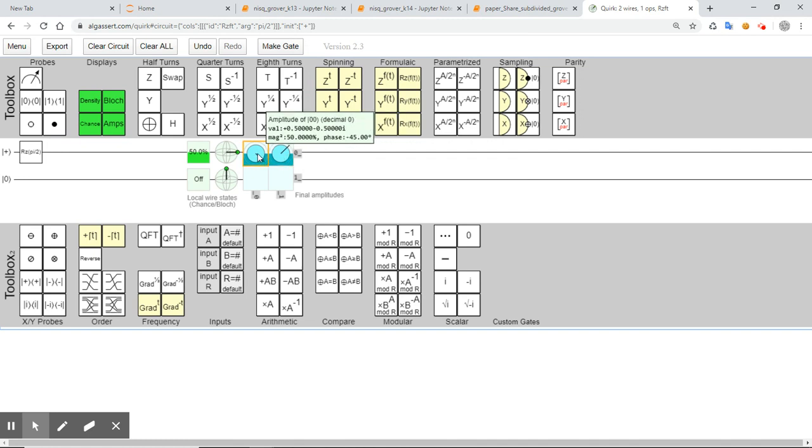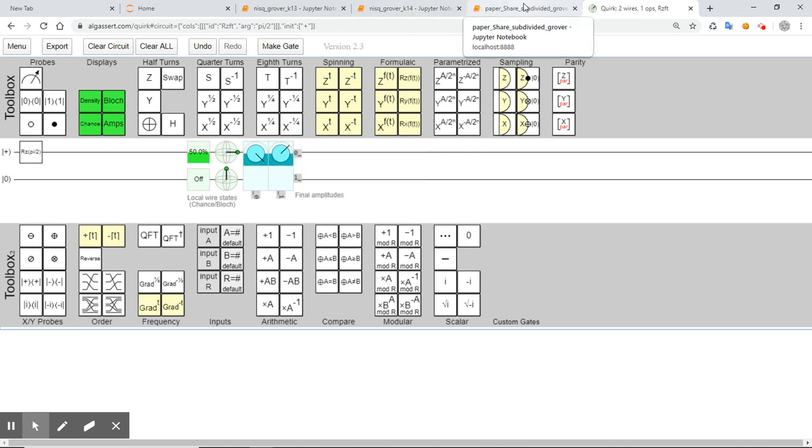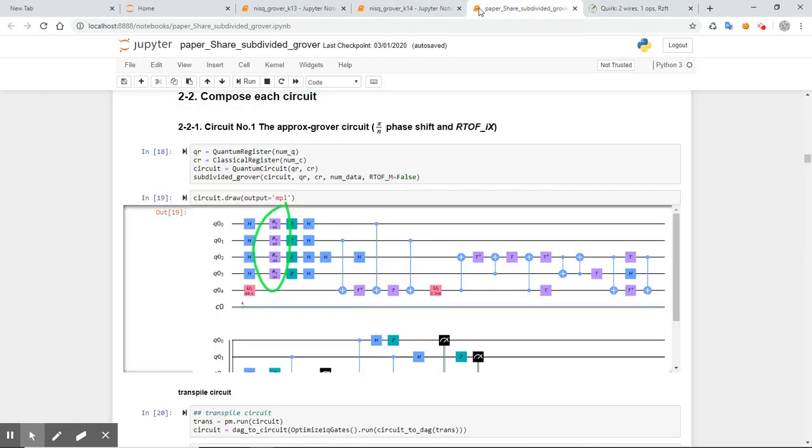That's the problem, because it rotates both components. And this is in Quirk, okay? Now, how does this translate with the quantum experience? I don't really know.